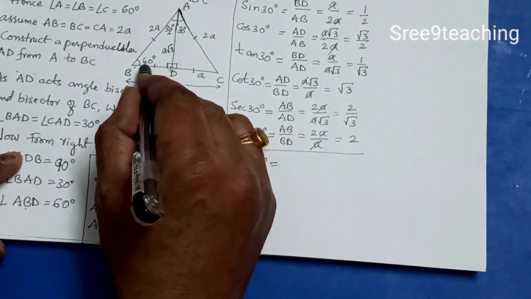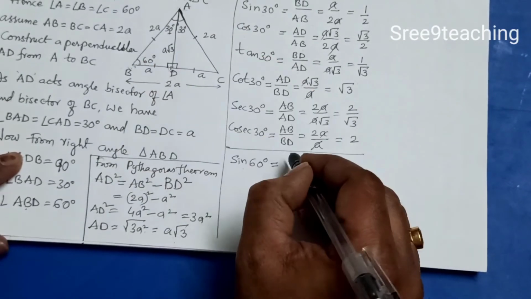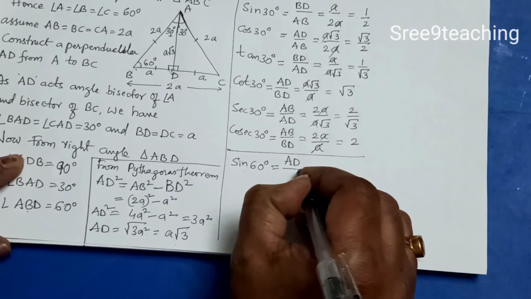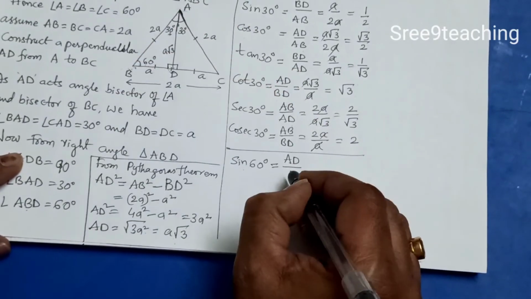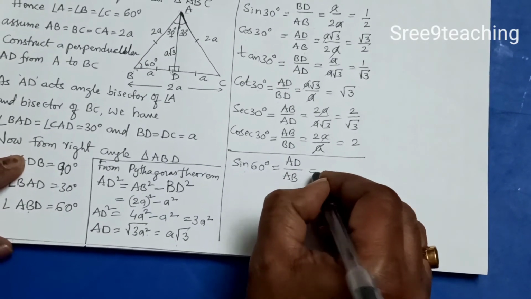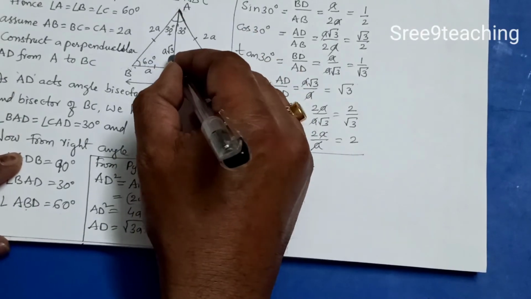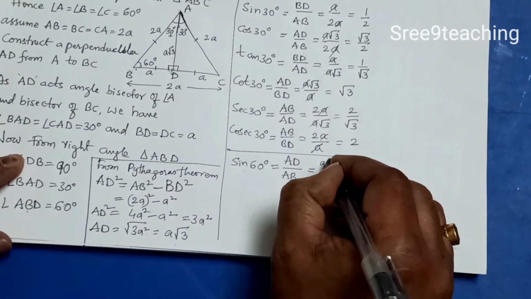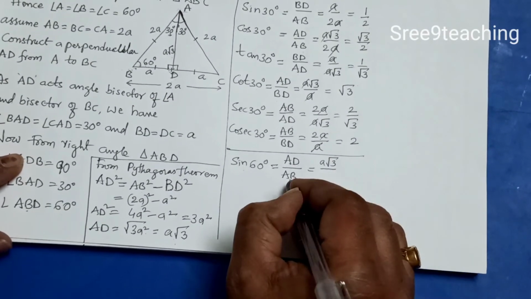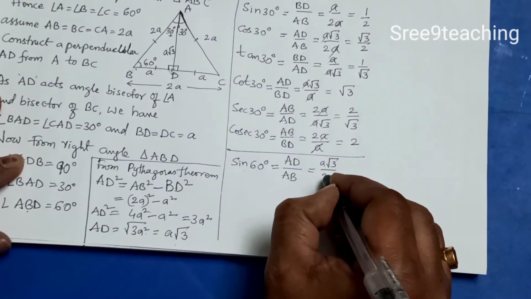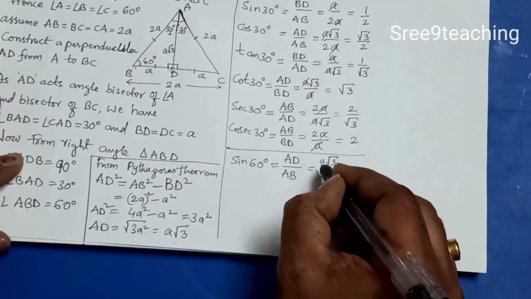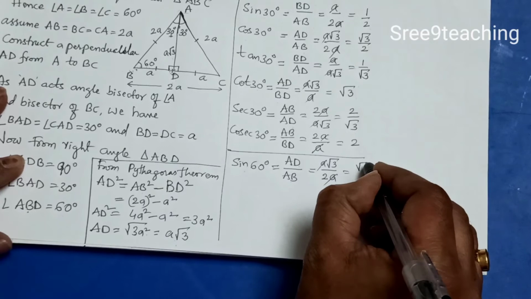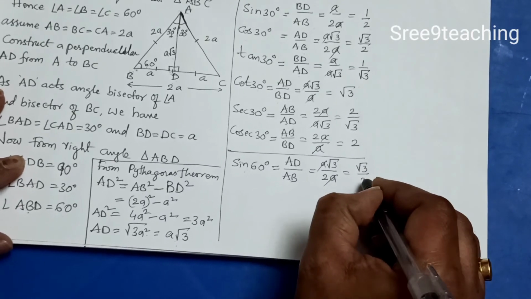So for 60 degrees, what is the opposite side? That is AD. And obviously hypotenuse will be AB. What is AD value? AD value is A root 3 by AB value 2A. So A gets cancelled, it will be root 3 by 2.